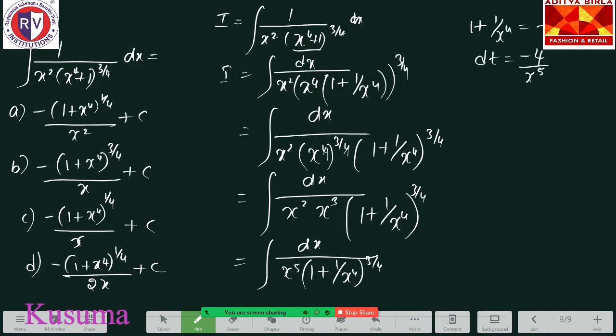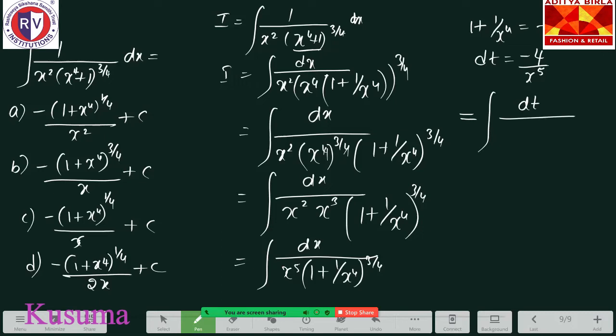Okay. So if we substitute 1 plus 1 by x to the power of 4 as t here, this will take the form integration dt, because we are substituting t, integration will be in terms of t.